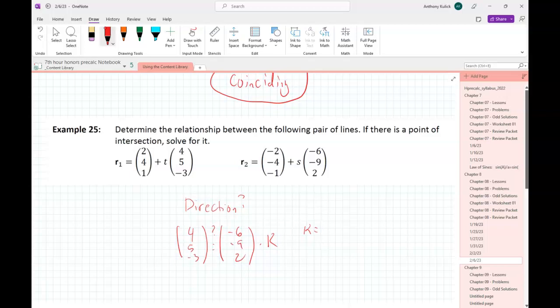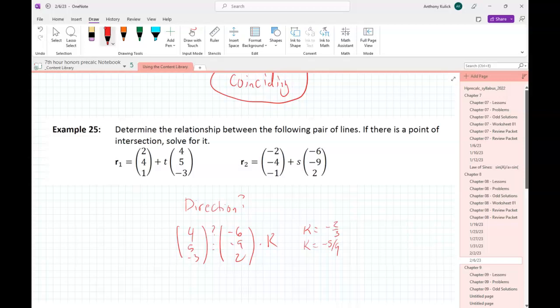This one, not so obvious that I can do in my head. I have 4 equals negative 6k. If I divide by negative 6, I get negative 2/3. Then I have 5 equals negative 9k. I divide by negative 9, I get k equals negative 5/9.